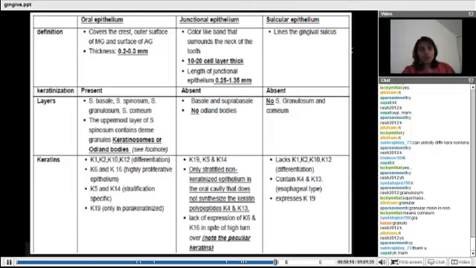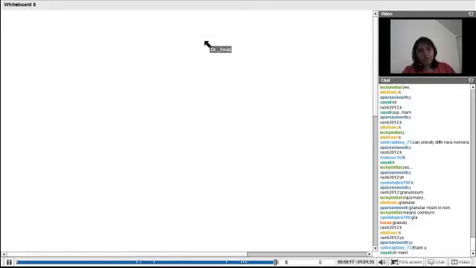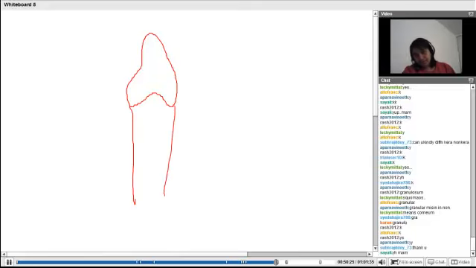Get the point? So our epithelium, which is here, attached to the tooth. See this? This whole is epithelium, this layer. It is covering the connective tissue. This part of the epithelium which is attaching to the tooth is your junctional epithelium. This part of the epithelium which is lining the sulcus, this is the sulcus, right?